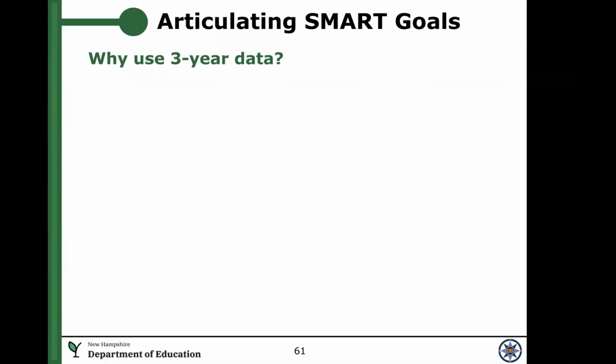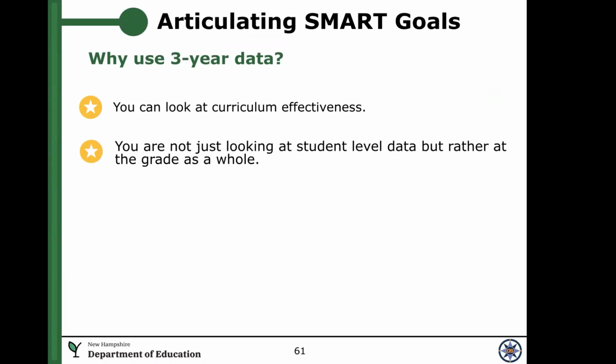So why I like historical data. Historical data allows you to look at curriculum effectiveness. So it's not just this group of students, it's students over time, right? So you're looking at the grade as a whole, and you're not chasing necessarily 1 or 2 students.